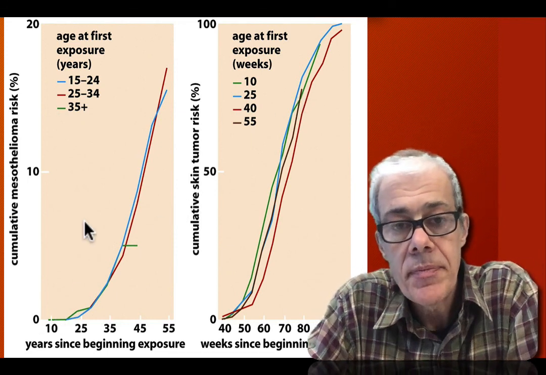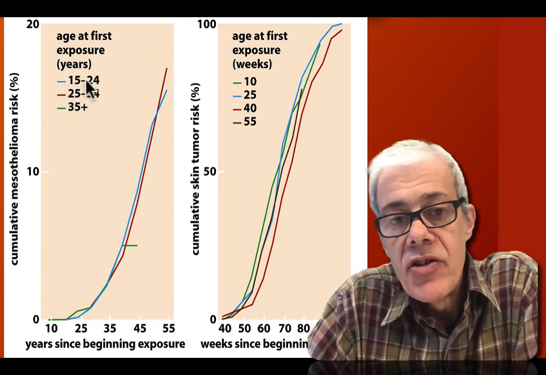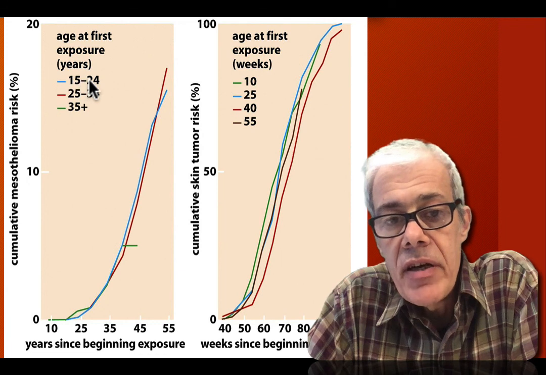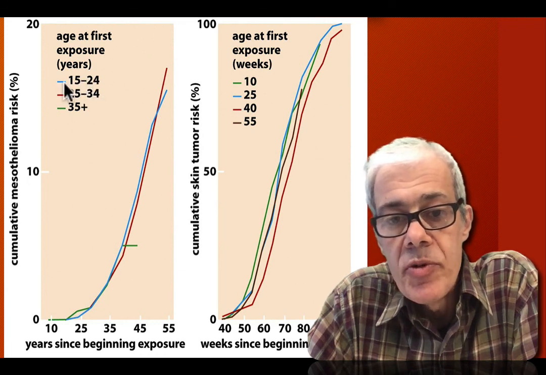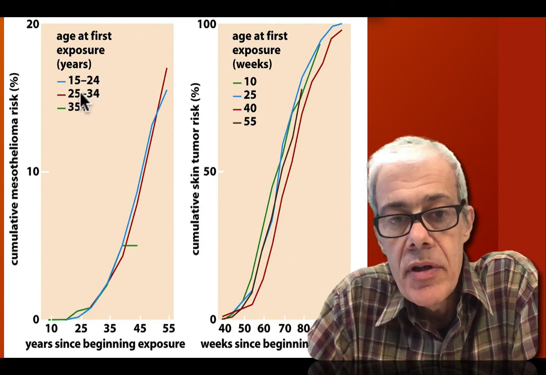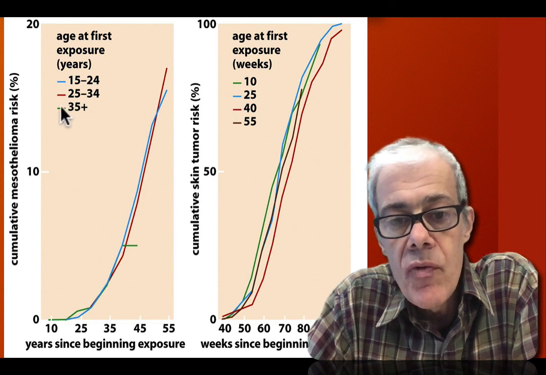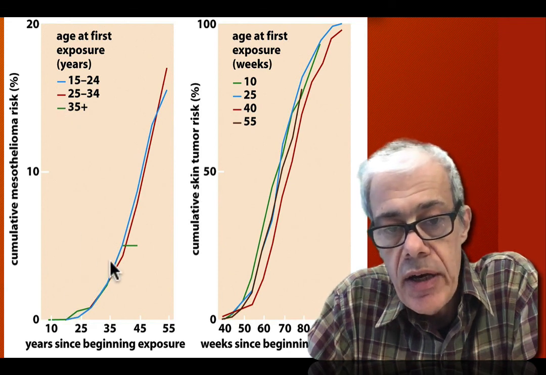And if you look here, in both studies, we have age groups. So we have the 15 to 24 year age group shown in blue, then the 25 to 34 age group shown in red, and the over 35s shown in green.